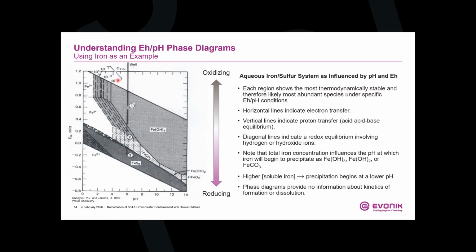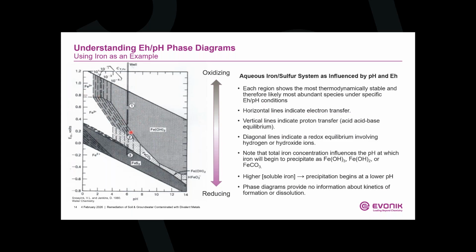Up here you have iron at 10 to the -5 concentration. You can see where the line of demarcation where ferric iron goes to the iron oxyhydroxide. But as you increase that concentration of dissolved iron all the way up to 10 to the first, that place where the precipitation begins to happen, where the conversion of dissolved iron into the precipitate iron oxyhydroxide happens, is at a lower and lower pH.